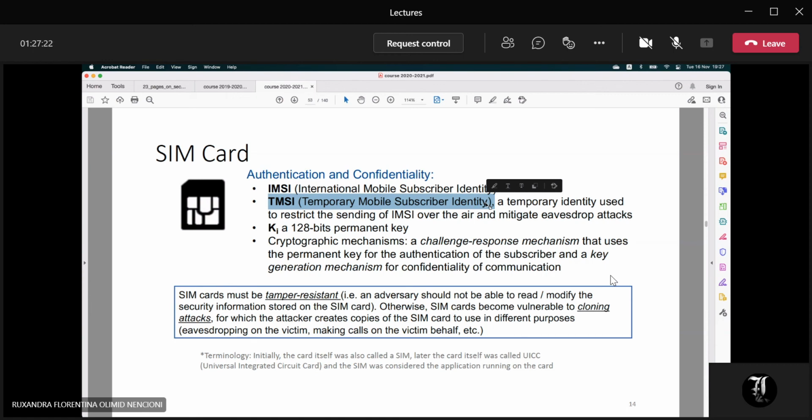An ID to use before knowing that you are connected to the right, I don't know, server. How can I use it before? Like use it first and then use the IMSI after I'm sure that I'm connected where I should be.